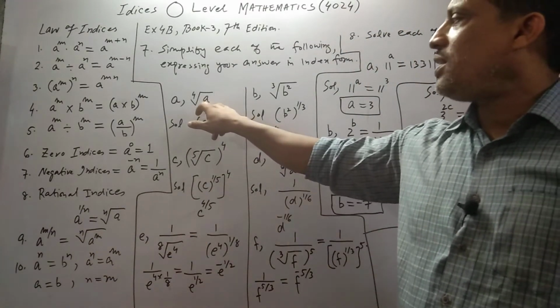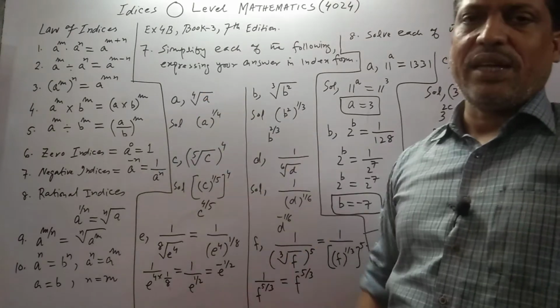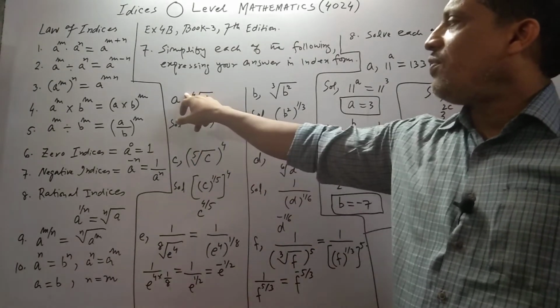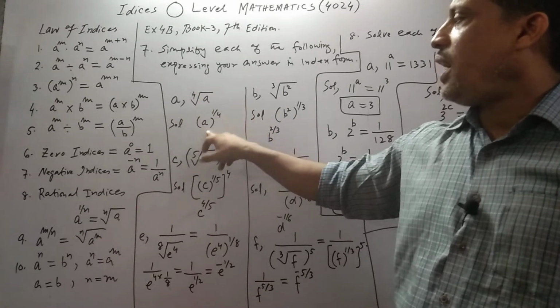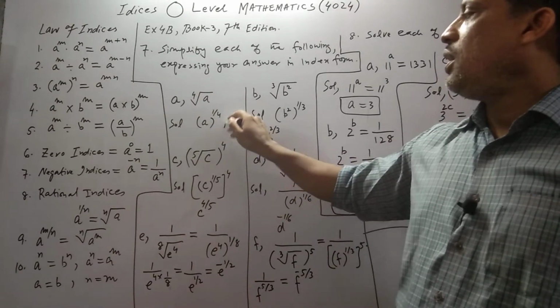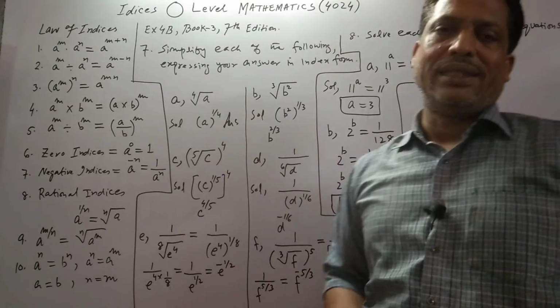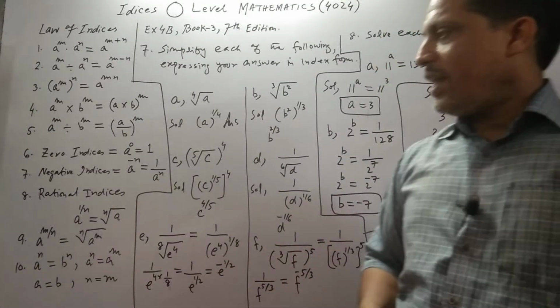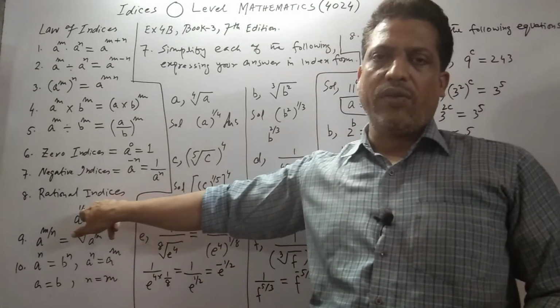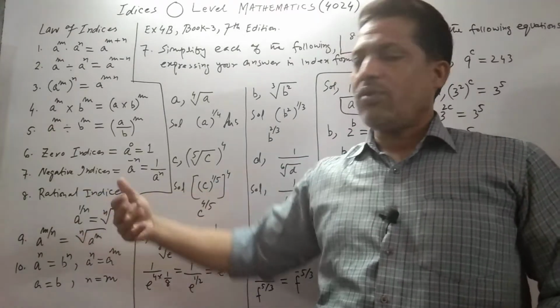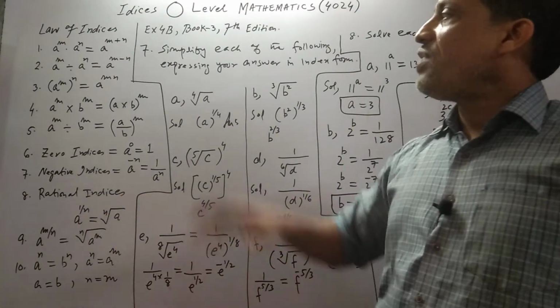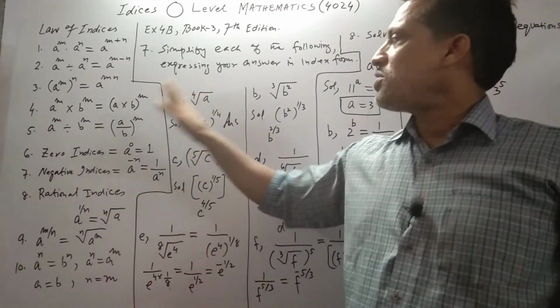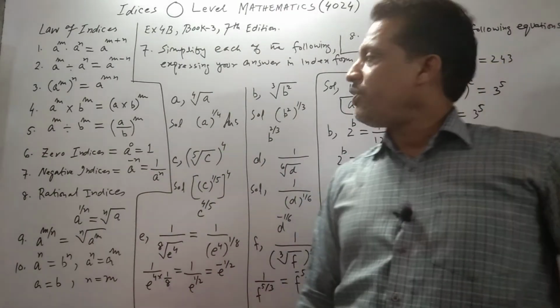Similarly, if we remove this radical sign, we will convert this 4 into 1 upon 4. So a to the power 1 upon 4 is the answer. That's it. Very easy, if you know the law of indices. If you don't know which law is applicable, it will be very difficult for you.